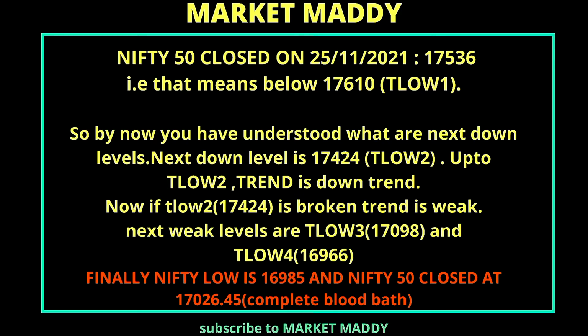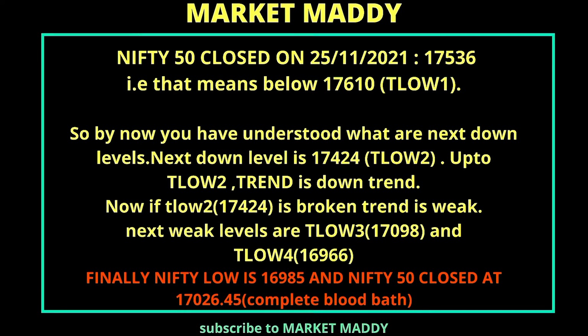It may bounce up to 17,098. But if it crosses that, then there is a possibility of shooting up to 17,424. But if it doesn't cross, and it reaches somewhere around 17,100 or 17,150, and then goes in the reverse direction below 17,098, then you can take it for granted that it will break 16,966.